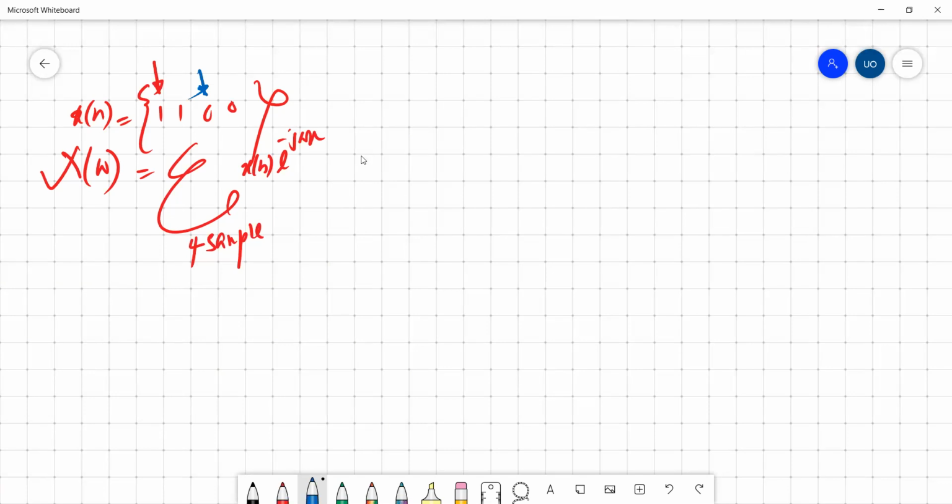If you have a few number of samples, you can simply write it as a sum of exponential terms. If you have 4 samples, you don't need to worry about the geometric series. You can just write these 4 exponential terms by substituting the n value from 0 to whatever, or from a minus value to a plus value, depending on the starting point of x[n].